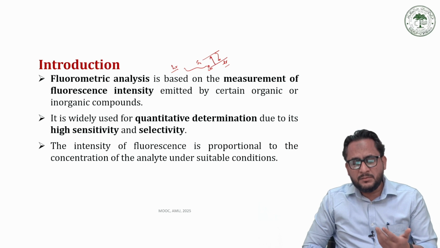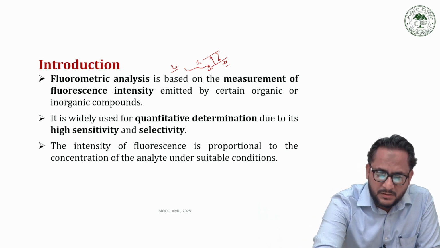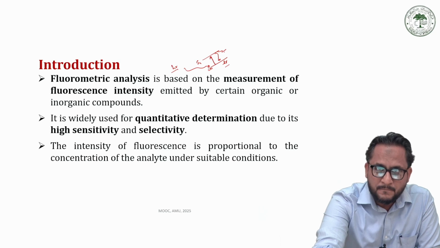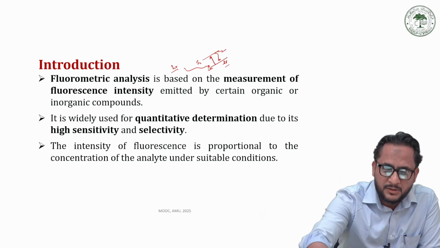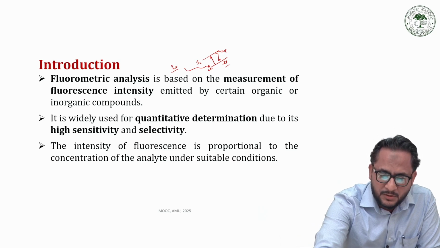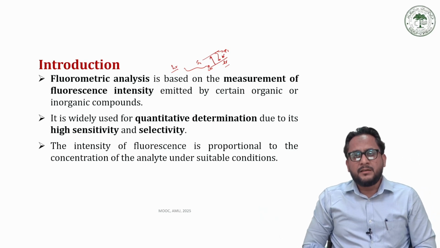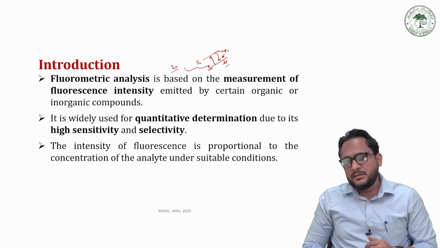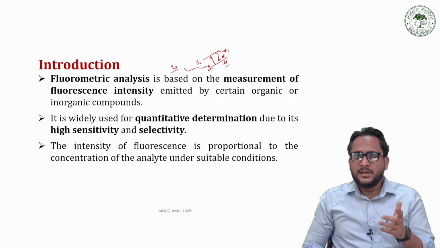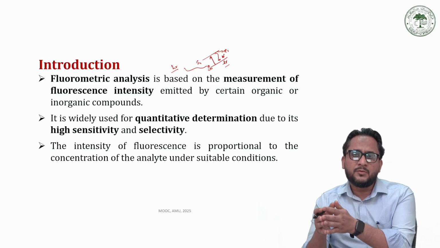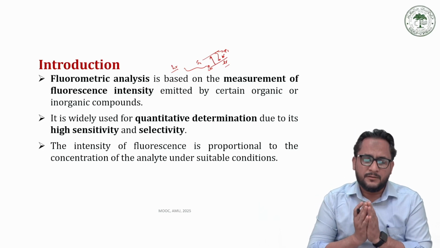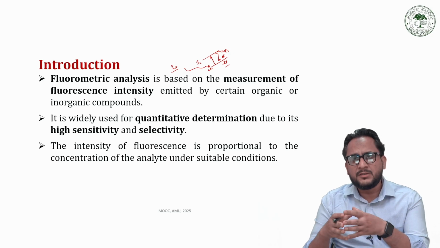On the other hand, in some cases, electrons from the excited singlet undergo flipping, where the spin changes from paired spin to parallel spin. They come to the triplet state, and when they come back, they again emit light. Since the triplet state is involved, the emitted light continues for a longer period, even up to 100 seconds after the incident light is stopped, and this is called phosphorescence.